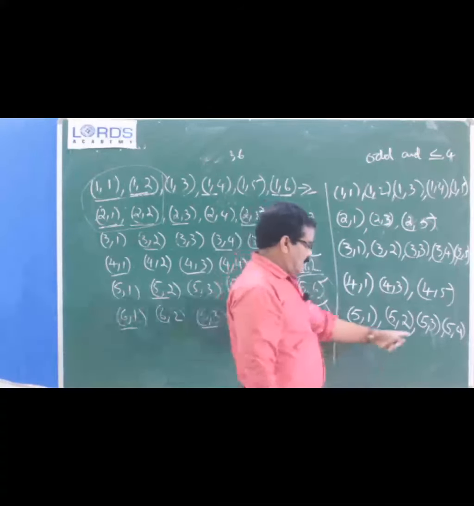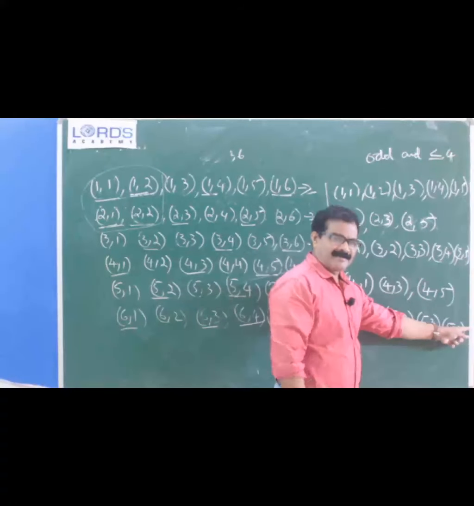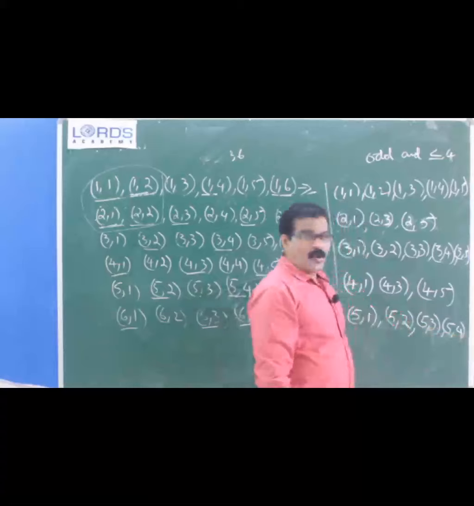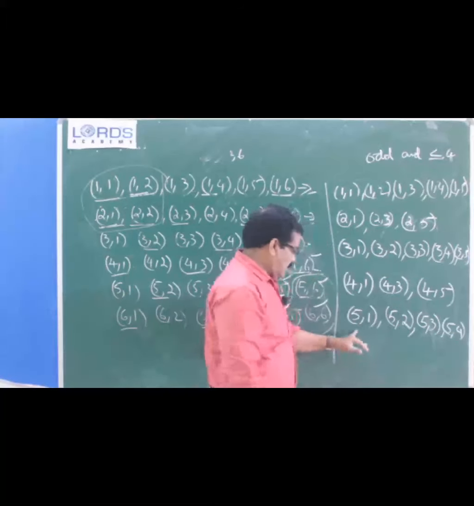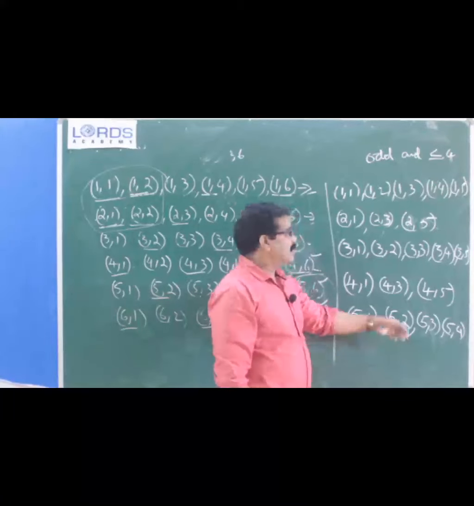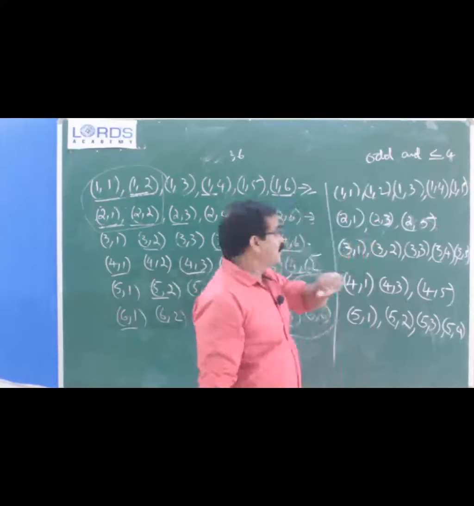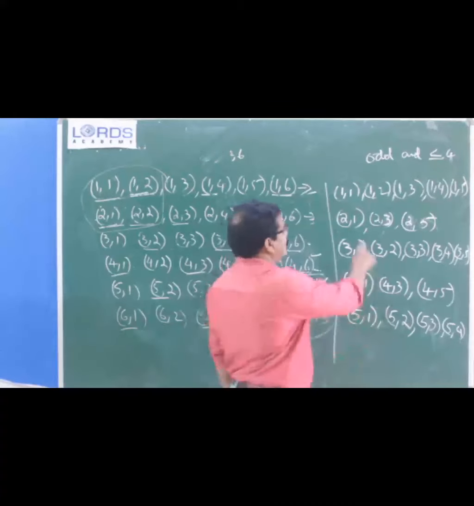What about 5 5, 5 6? No. Suppose you take 6 1, 6 2, no, because the other should be less than or equal to 4.